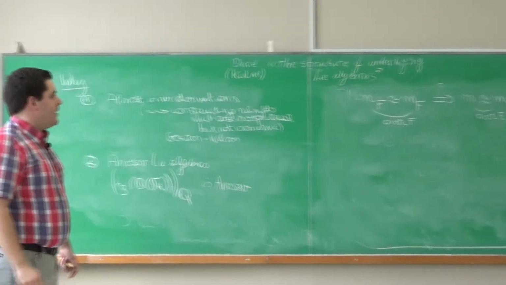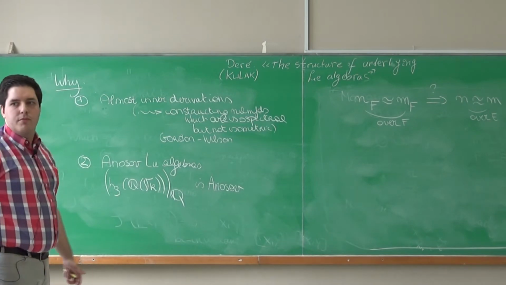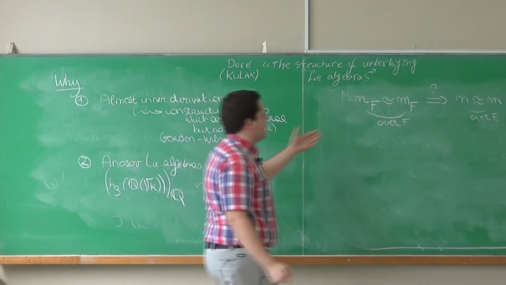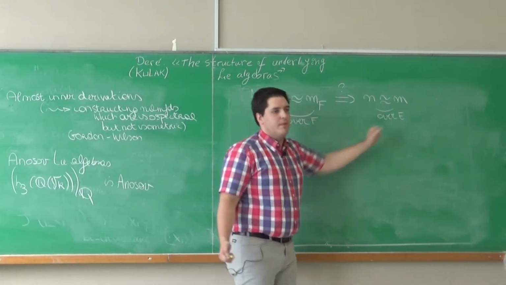If you look at this question, there's no good reason to ever believe that this would be true, because somehow you forget structure by going here. You would not expect to recover the structure completely.